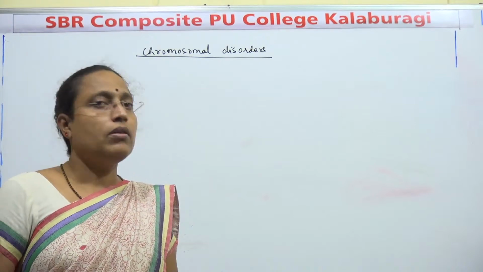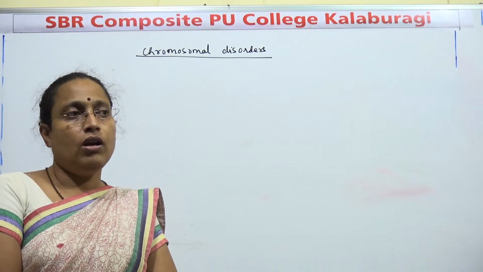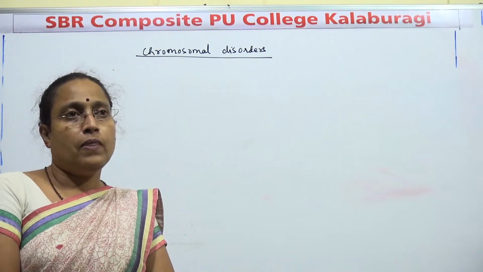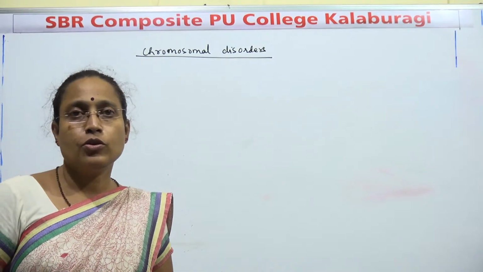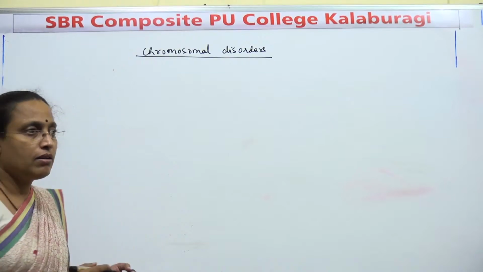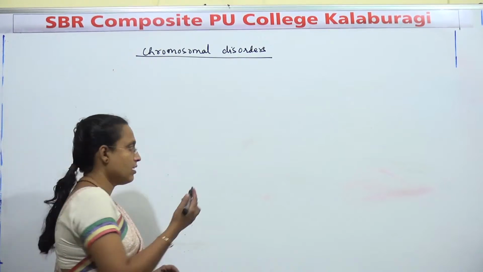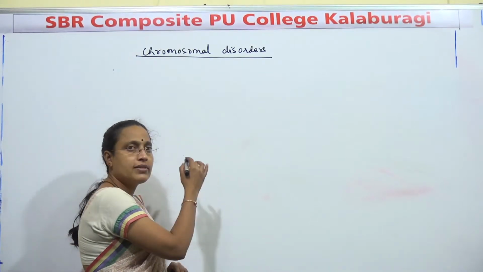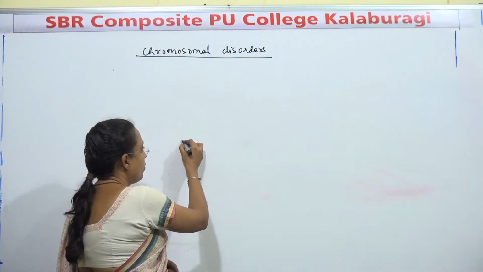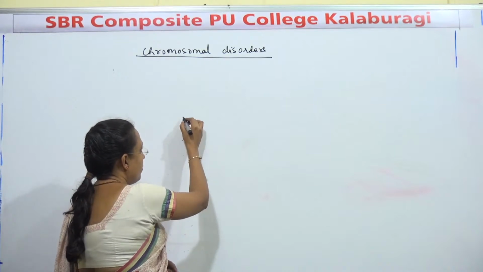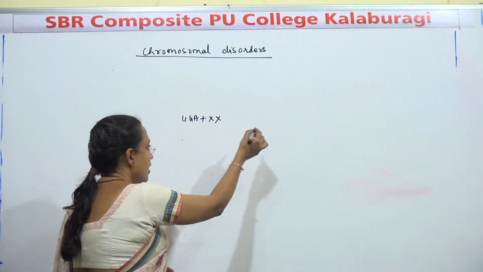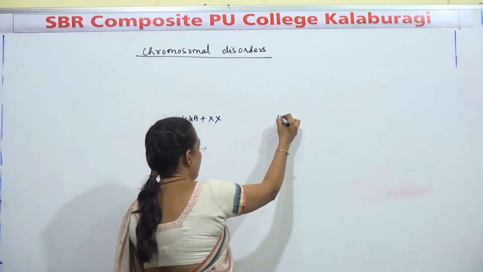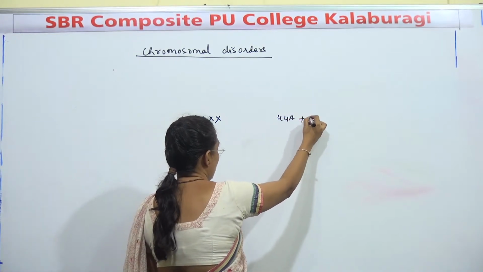Stressing more on how Down syndrome, Klinefelter's or Turner's can occur. Now, if I consider humans, one human individual, for example, she is normal, 44A plus XX, and she is married to a man who is also normal.